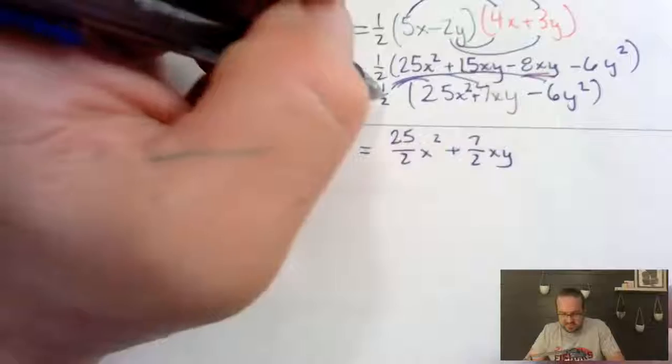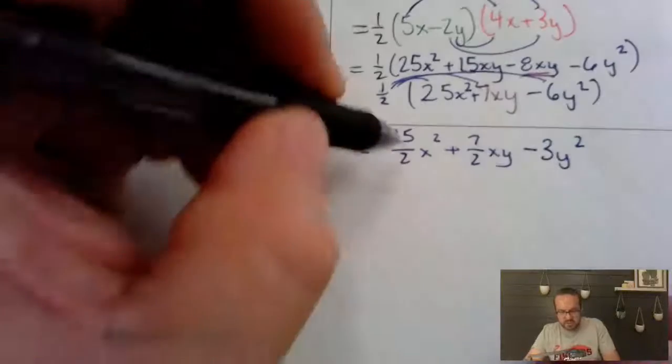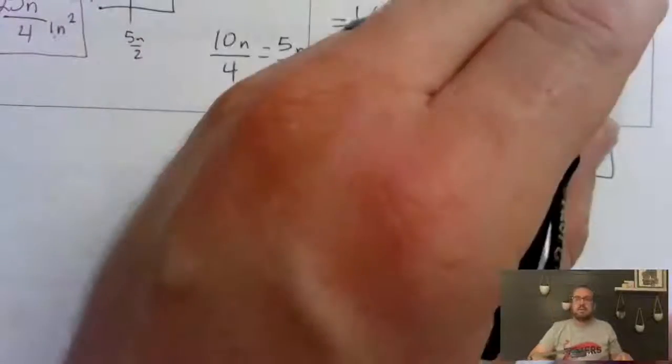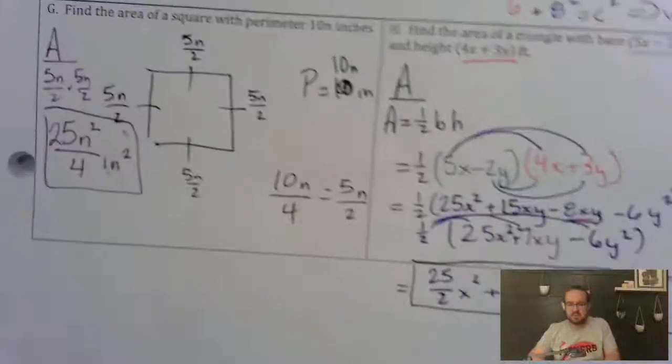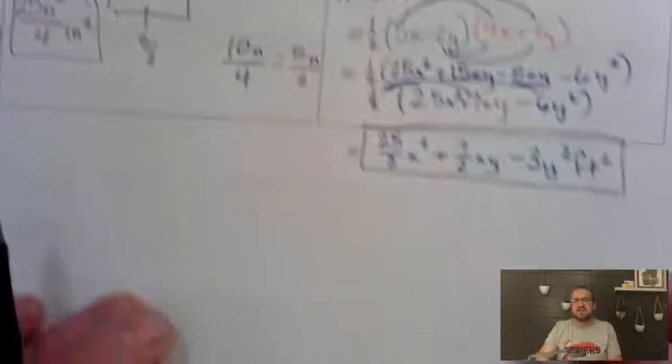And then here's one that finally does reduce, negative 3y squared. All right, so really weird way to have in terms of area. Again, that's feet squared, because that's what we were measuring that in. Feet squared there at the beginning of the problem. Okay, but that is the final answer right there.